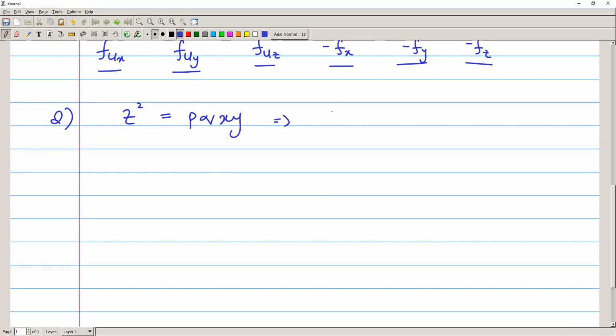Basically, we can write this as f equals z squared minus pqxy. First of all, we assume that p is equal to negative ux over uz, and q is equal to negative uy over uz.